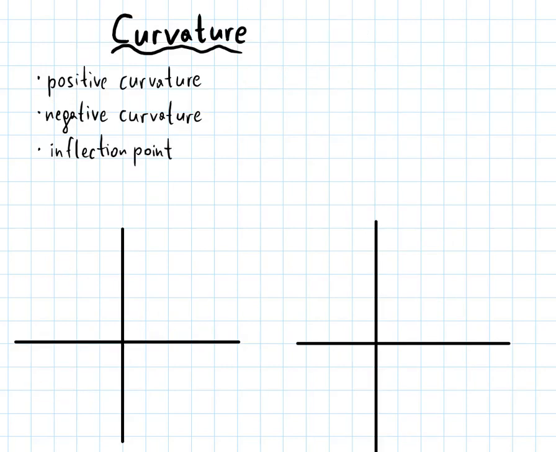Okay, one more. The so-called curvature. In German we call it Krümmung, so it tells you in which direction a function graph is curved, or in which direction a function graph bends. Let's try to draw a nice function.